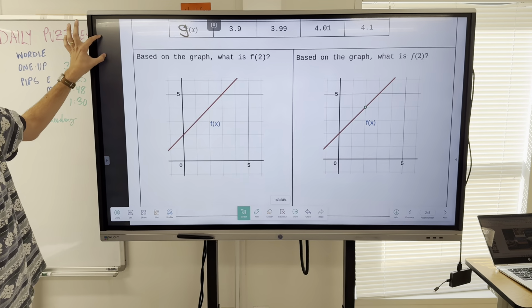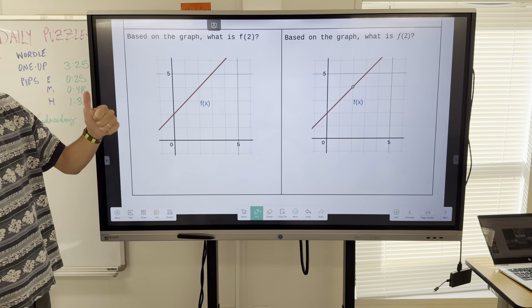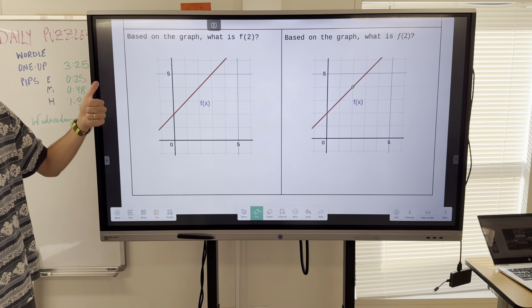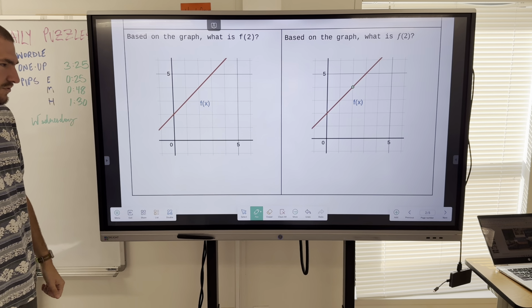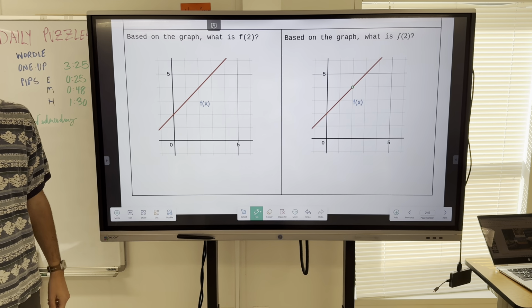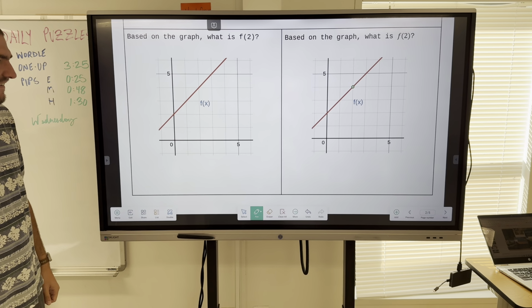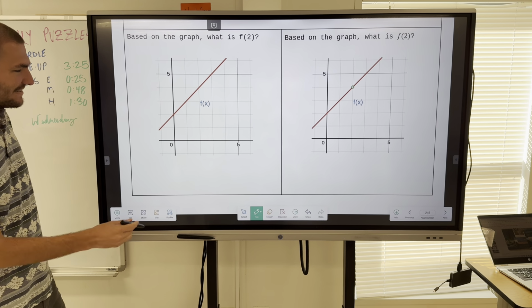Now let's look at the graph version of the same question. Based on the graph of f, what is f of 2? You got your little grids there, count them up. What do we think? Yeah, right?